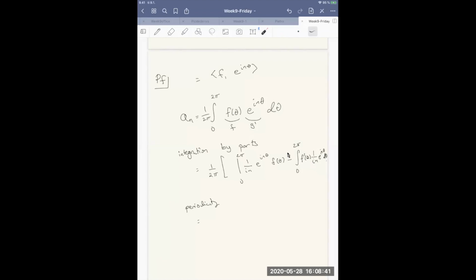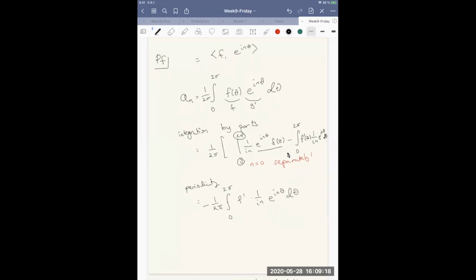Now the first thing to observe here is that you should treat n equals 0 separately. The first thing to observe is that this term will give you 0 because it's 2π periodic. So periodicity gives us that the first term is 0, and therefore we're left only with the integral, minus 1 over 2π integral from 0 to 2π of f prime times 1 over in e^{inθ}.